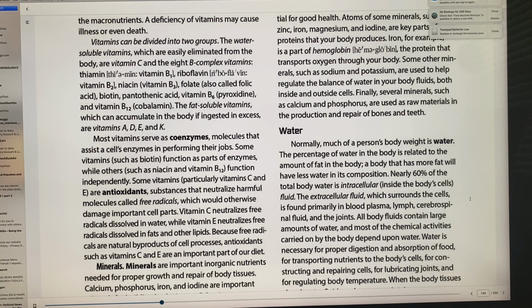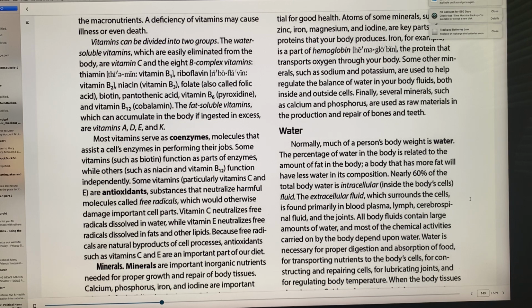So vitamin C neutralizes the free radicals dissolved in water, because vitamin C is water soluble. So it basically gets those out that are in water. And vitamin E, it's a fat soluble, so it gets the free radicals out of your fats and lipids. So you have two. Isn't that weird? God put together two different kinds.